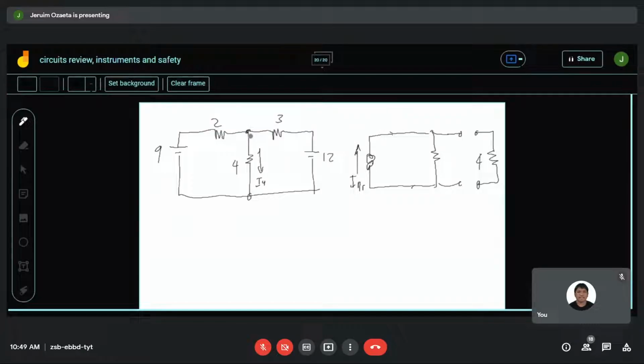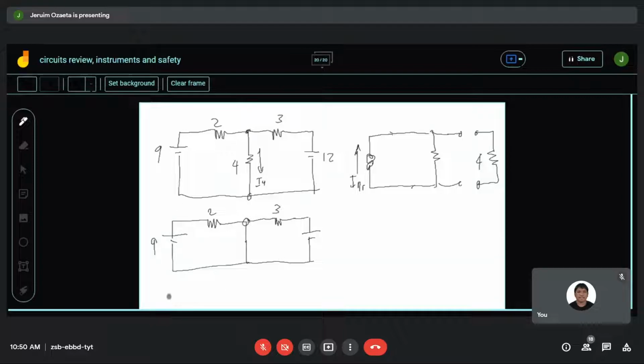What will this be? First, if we short circuit the 4 ohm resistor, this is 2, this is 9, 3, 12. So 3 and 12. What will be the current going through the short circuit leg?